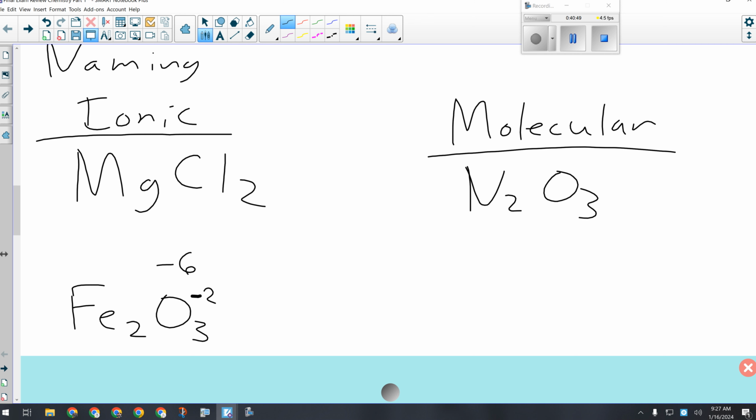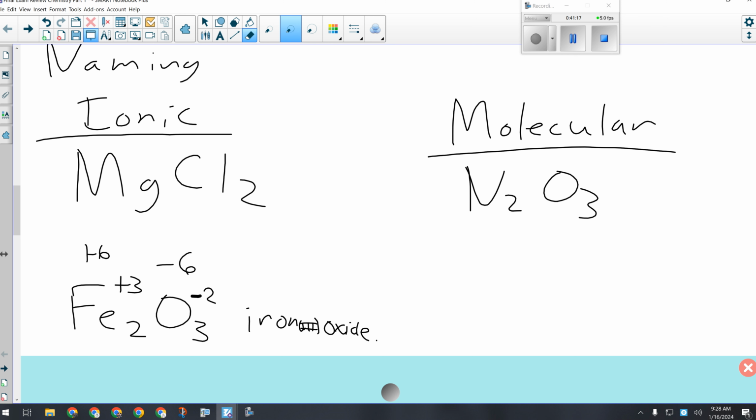So how many positive charges are there? 6. What's 6 divided by 2? Whoops, I forgot to put an N there. Iron 3 oxide. Keep that in mind.